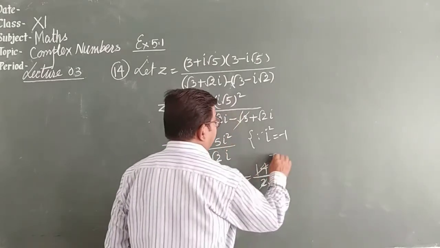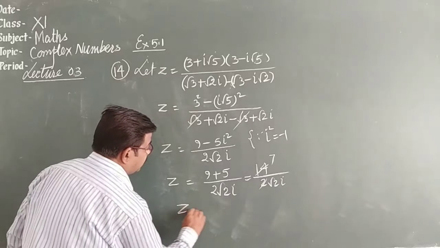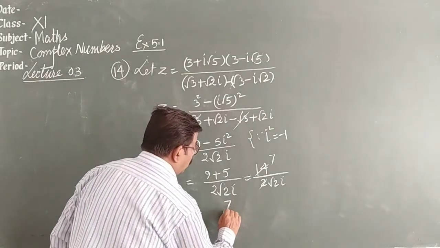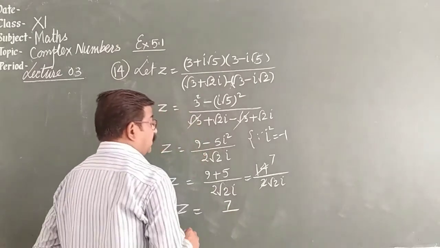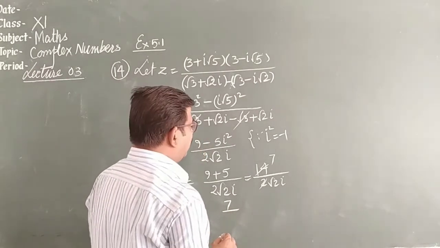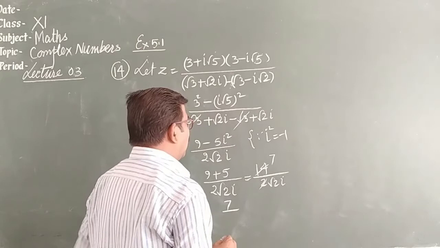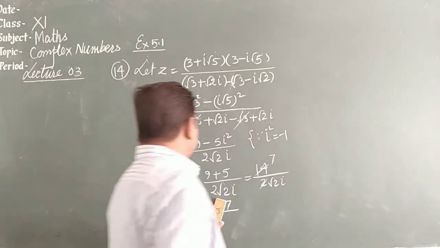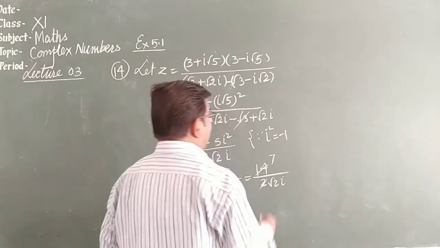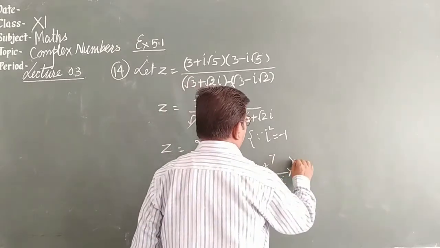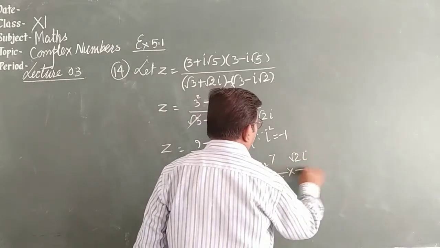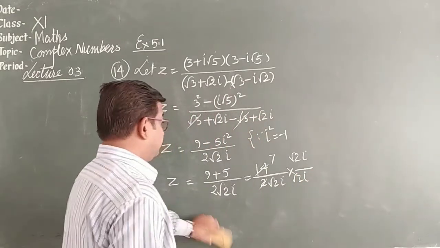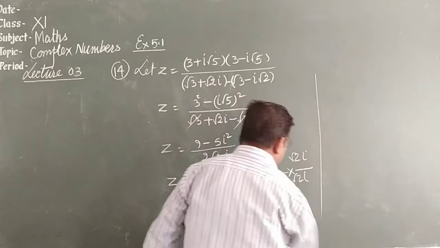This 7 times. So finally z is equal to 7 upon... or you can multiply it by root 2i to simplify this. See, I am multiplying and dividing to simplify this.